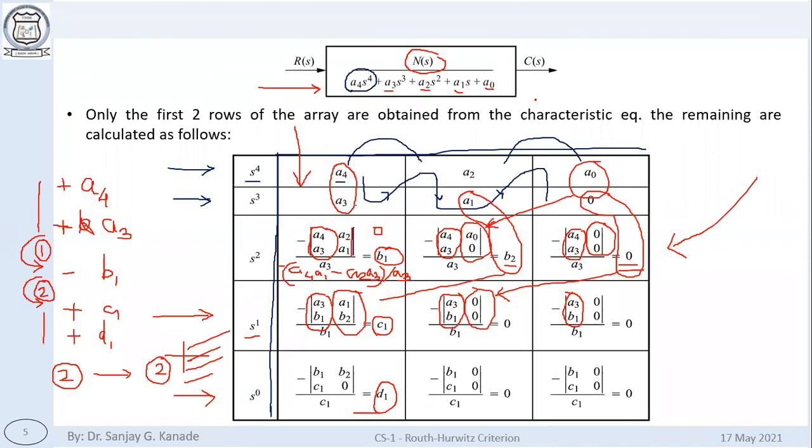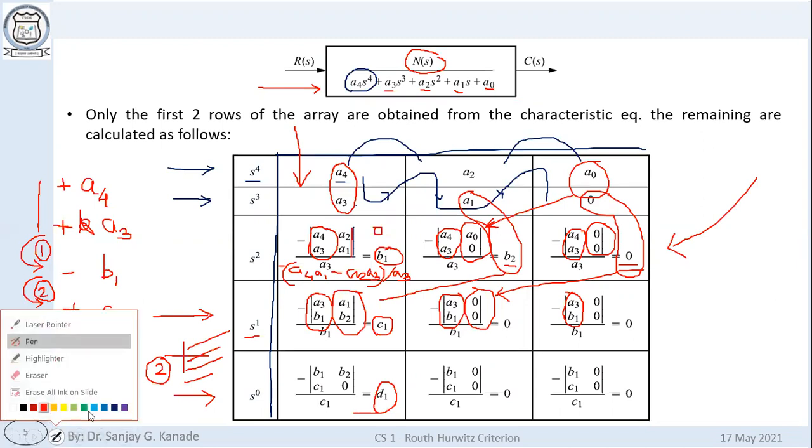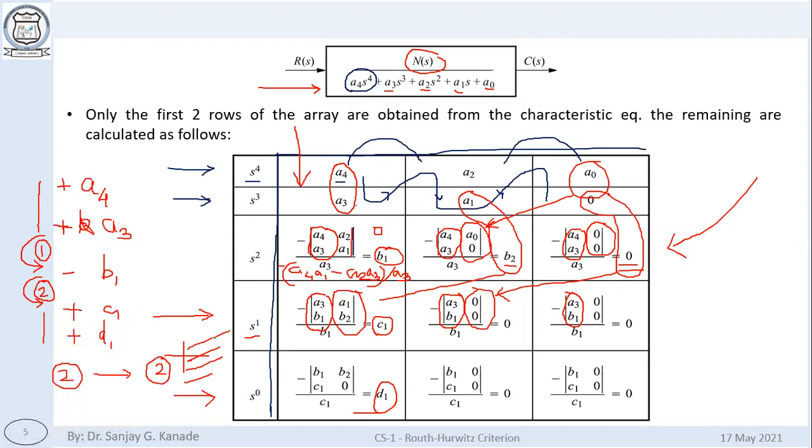Because you can see here the first column elements. Which are the first column elements here? I will just circle them here. A3, B1 and C1. These are first column elements, right?